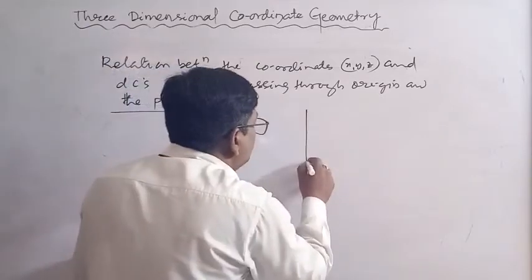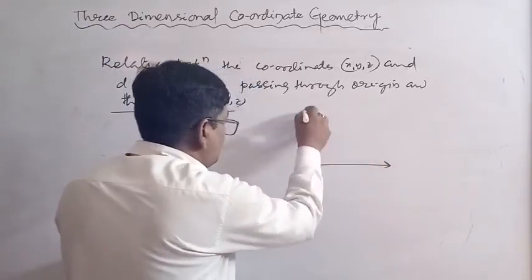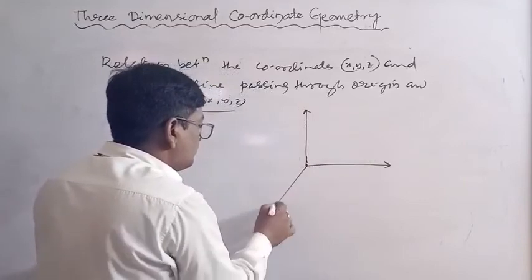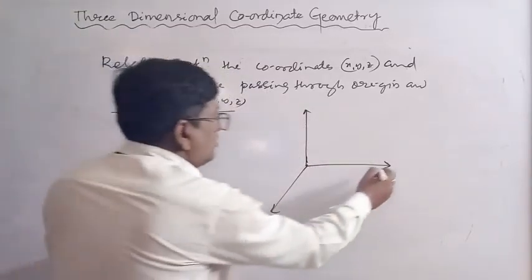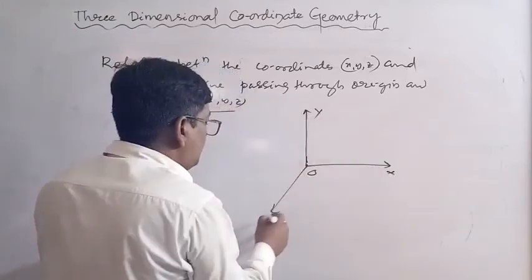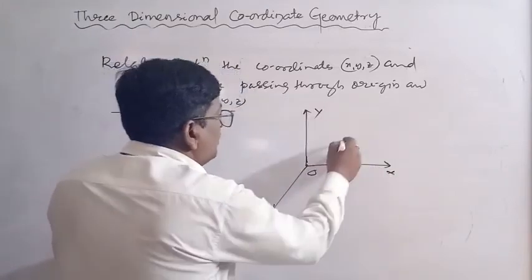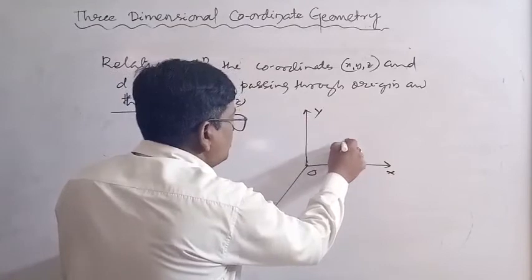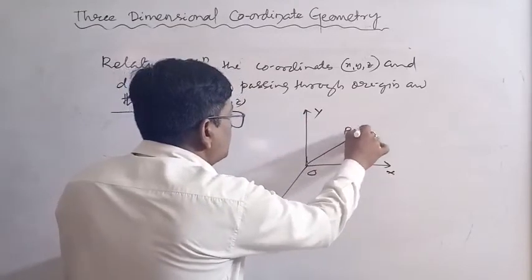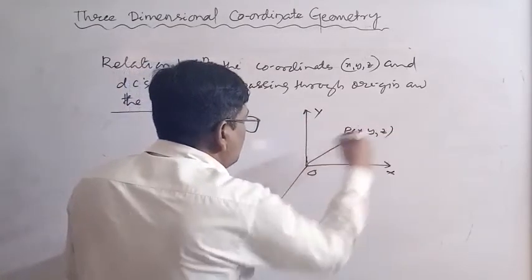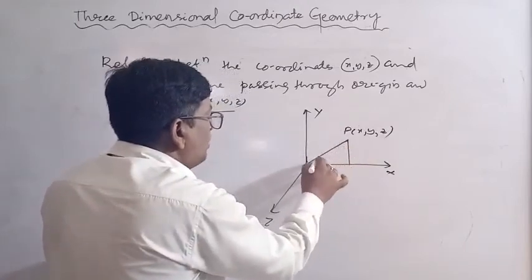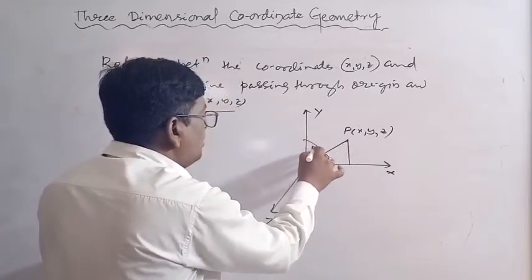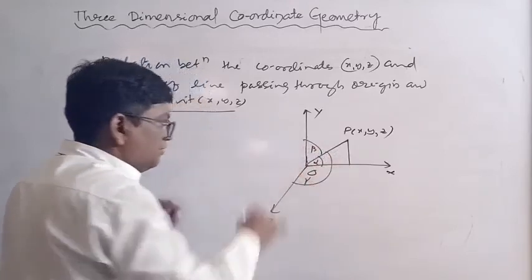Suppose this is the coordinate system, x, O, x dash, y, y dash, z. And the point is here like this, the point P, suppose x, y, z. And this is alpha, this is beta, and this is gamma.